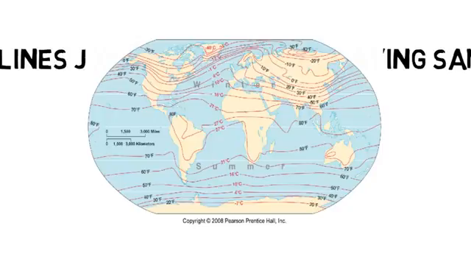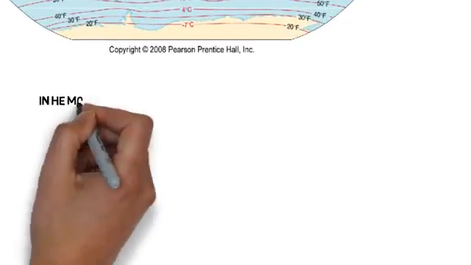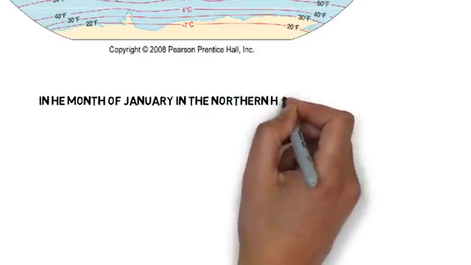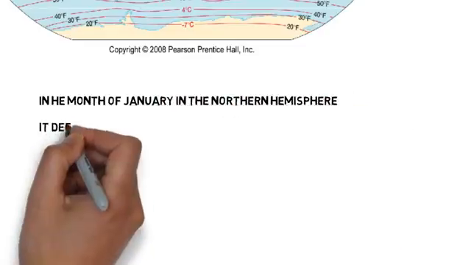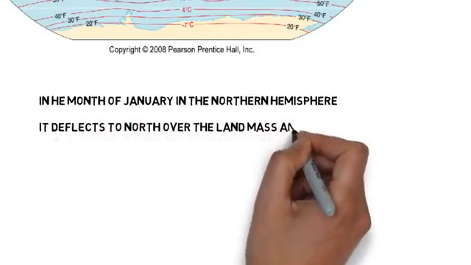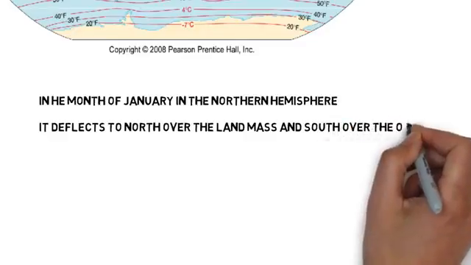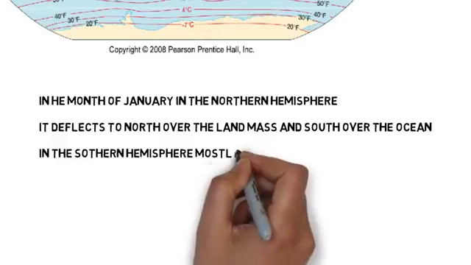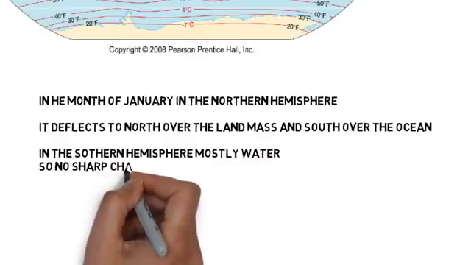Normally the isotherms run parallel to the latitudes, but we know that at any given latitude, the temperature over the landmass is higher in summer and lower in winter than the temperature over the sea, and due to the influence of land and water, the isotherm for the month of July bends northwards while moving from sea to land, and the isotherm for the month of January bends towards south moving from sea to land.